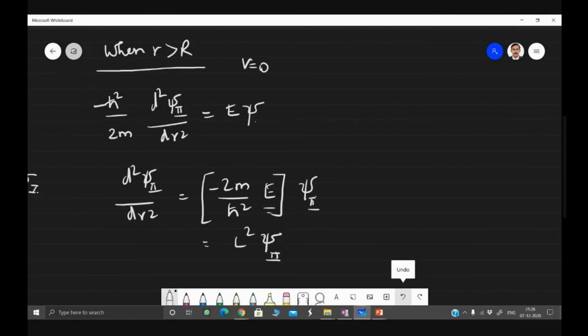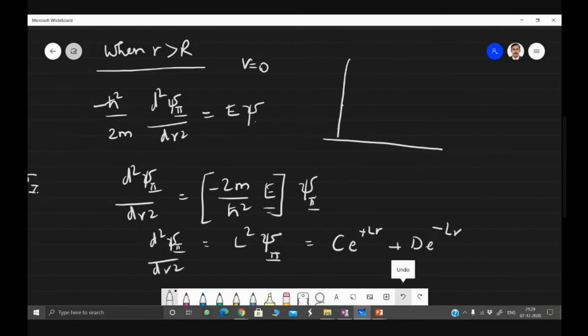Okay. So the solution for this general form of the differential equation d square psi 2 by dr square, which is equal to L square psi 2, can be expressed as C e power plus Lr plus D e power minus Lr. Okay, so this is a general solution for this differential equation. That means we have an exponentially increasing function, and a function which approaches 0 as r value increases.